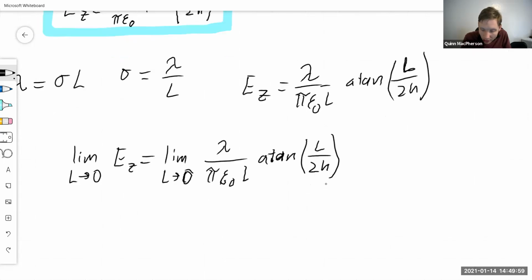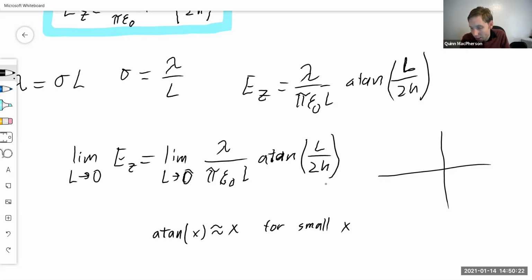There's a rule that says for small angles or small values, arctan of a small number x is approximately equal to x for small x. If you remember the plot of arctan, arctan looks something like this. So the line in the middle, basically near 0, it just looks like a line.